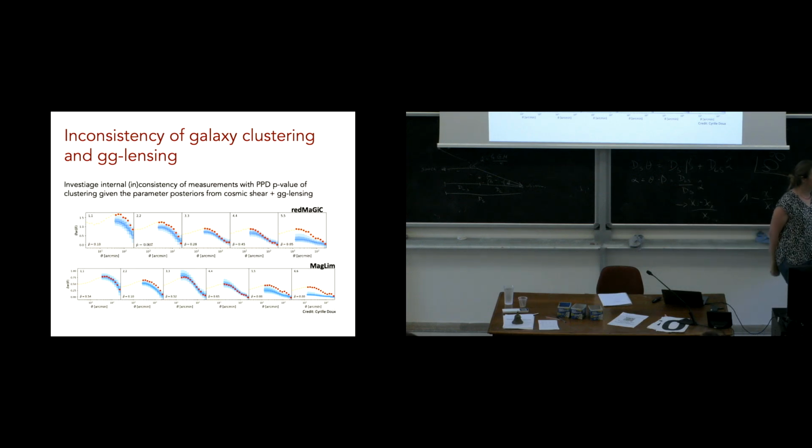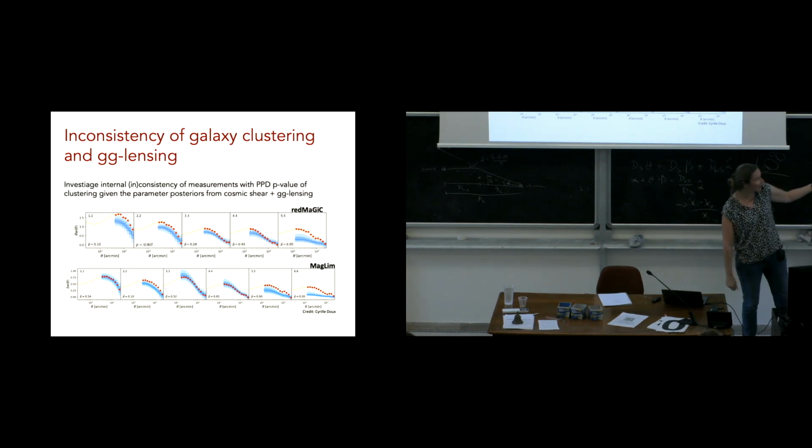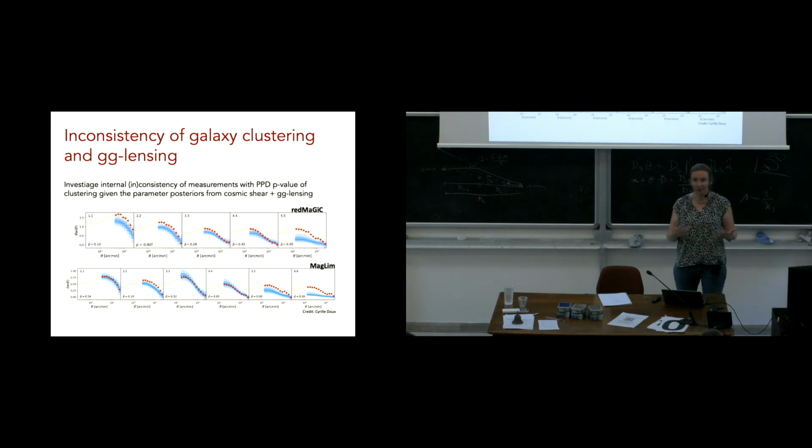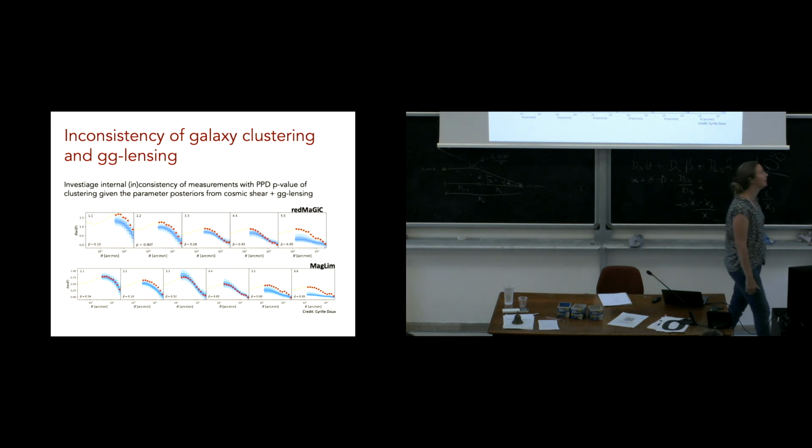Let me come back to this PPD diagnostic. Of course, hindsight is 2020. There's a test that we could have done at the early stages to realize something is off in the data, but it was not part of our list of tests. Here you see the prediction for galaxy clustering conditioned on cosmic shear and galaxy-galaxy lensing.